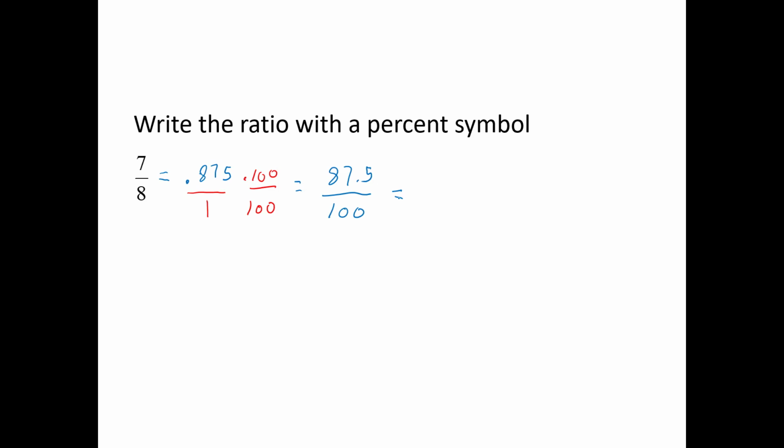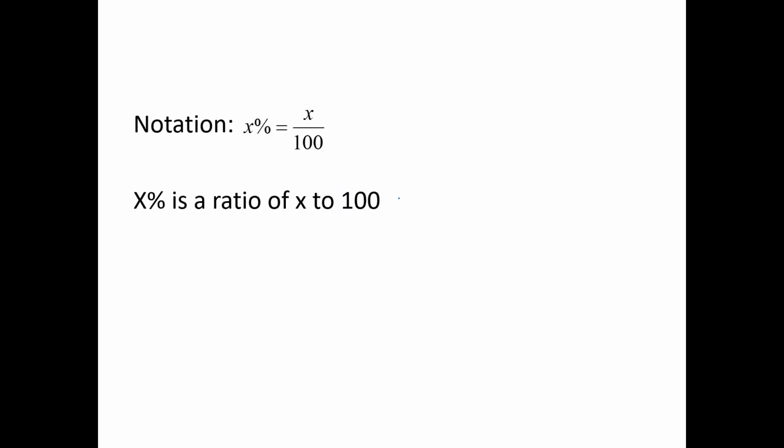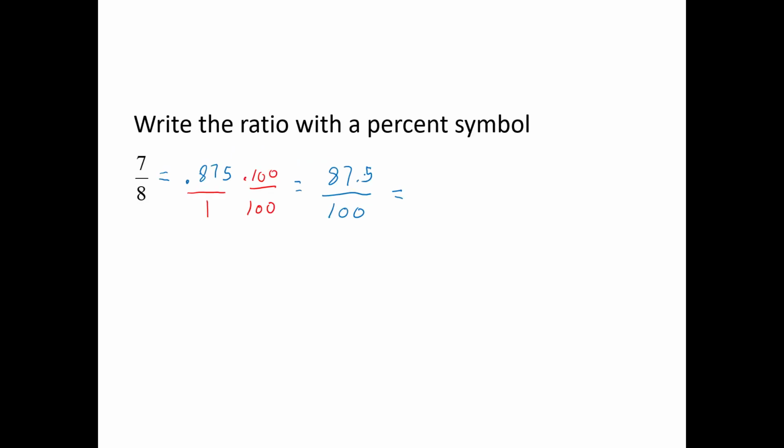And then, just like the previous slide says, X percent is the same thing as X over 100. So X over 100, we just rewrite as X percent. We're just using the formula backwards. So 87.5 over 100 is 87.5%. Okay. So that's going step by step.